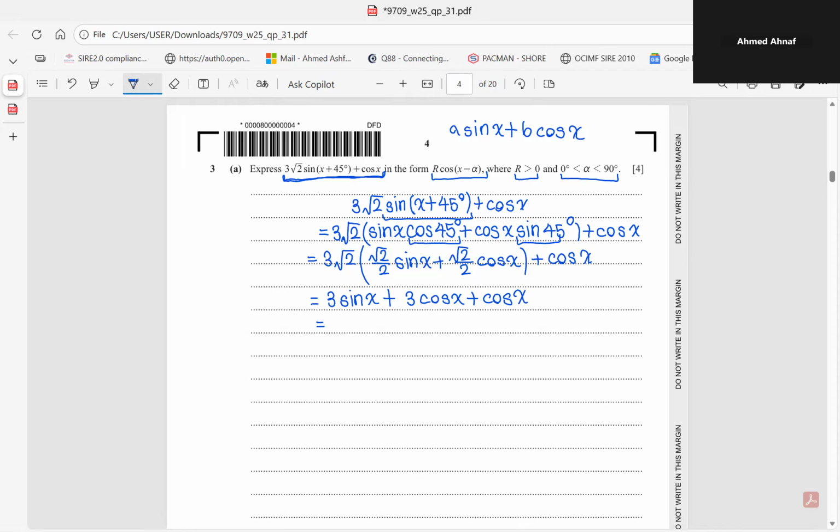And the simplified expression would be 3 sine x plus 4 cosine x.